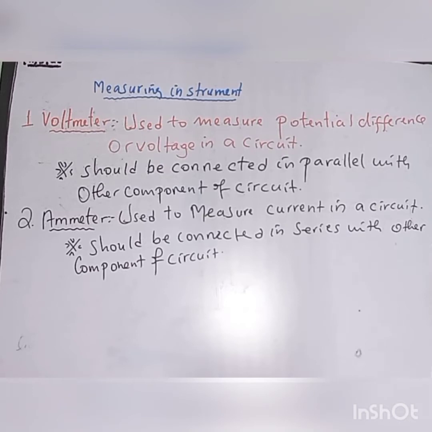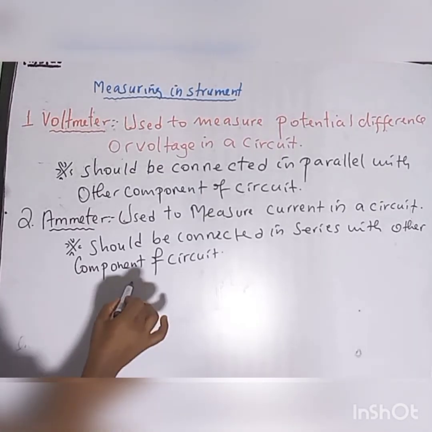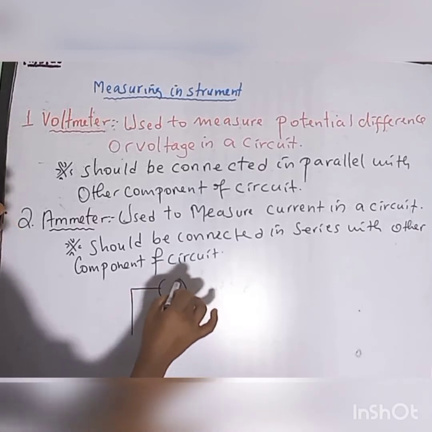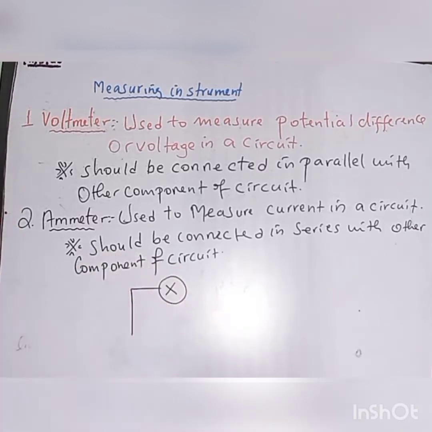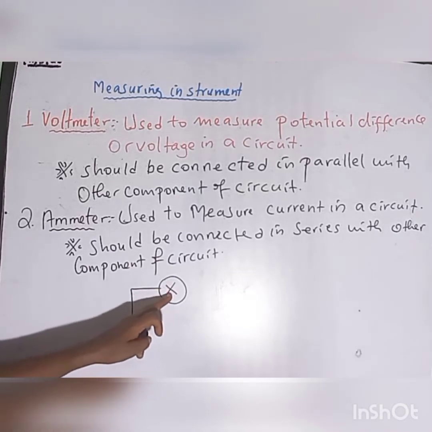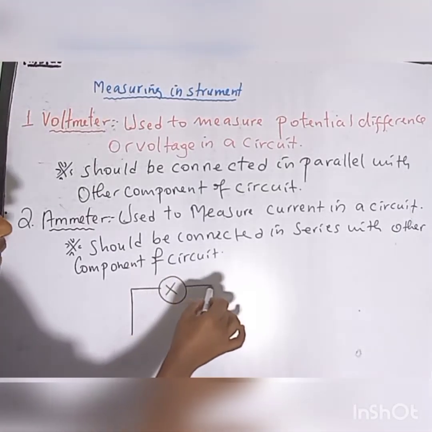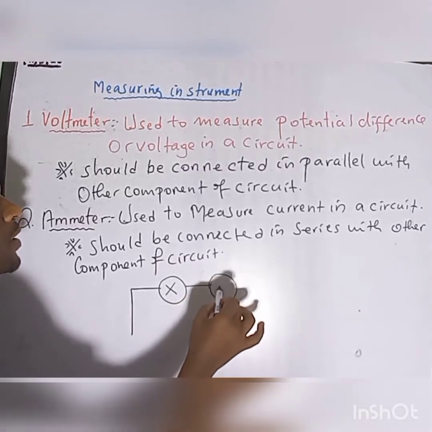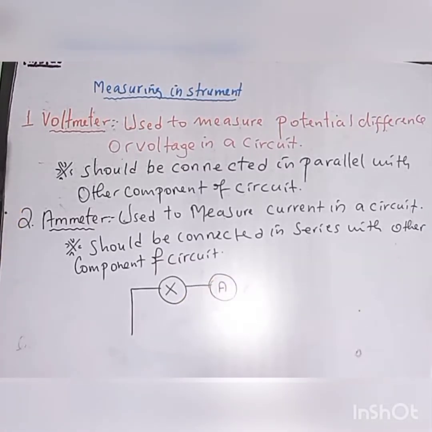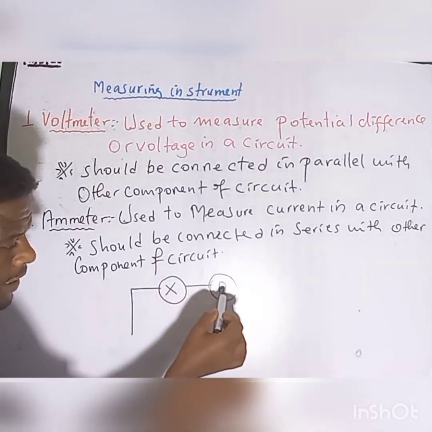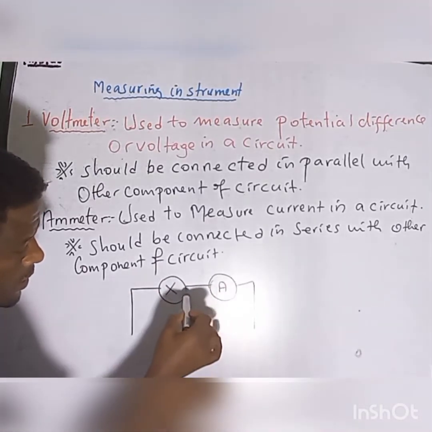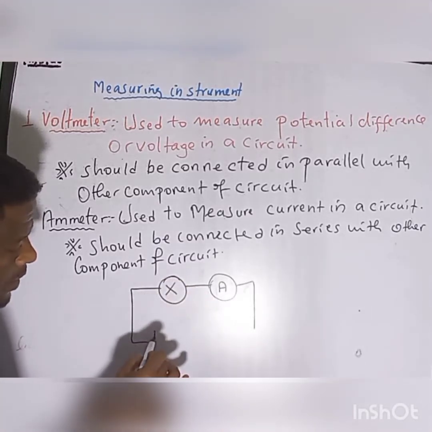And there is a diagram which shows both a voltmeter and ammeter. This is a symbol for a lamp, and to measure a current in this circuit we are using an ammeter, and the ammeter should be connected in series with the lamp, with a switch, with a battery.